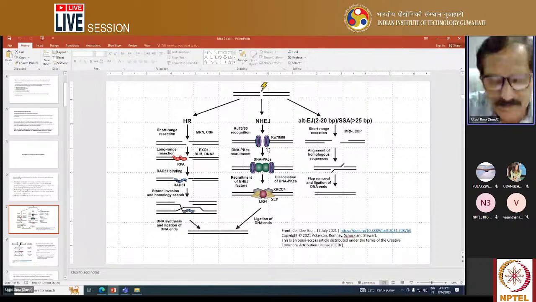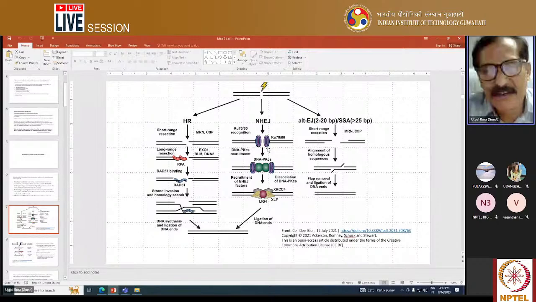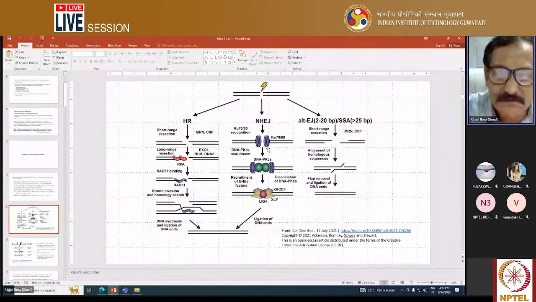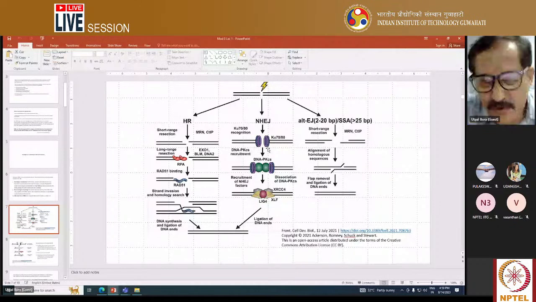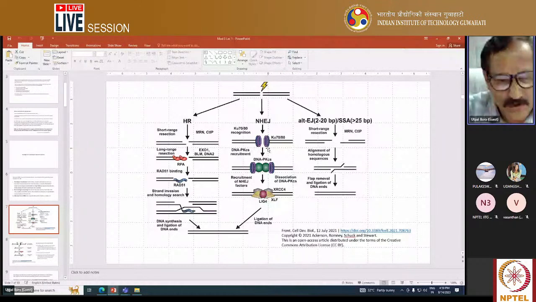Therefore, this will give rise to error-prone repairing, and this also gives rise to mutation. So these are the two main differences between homologous recombination and non-homologous recombination.